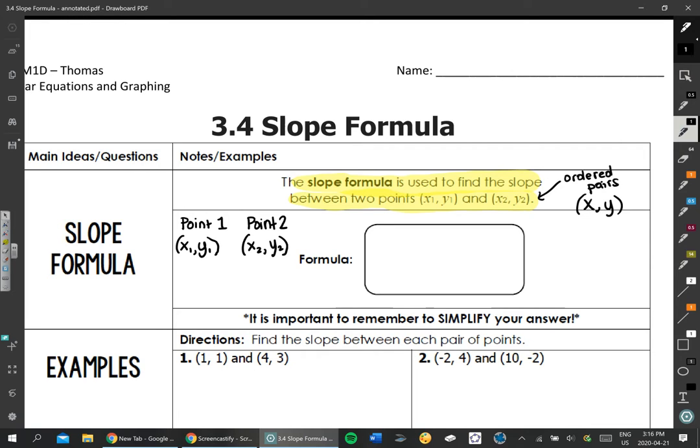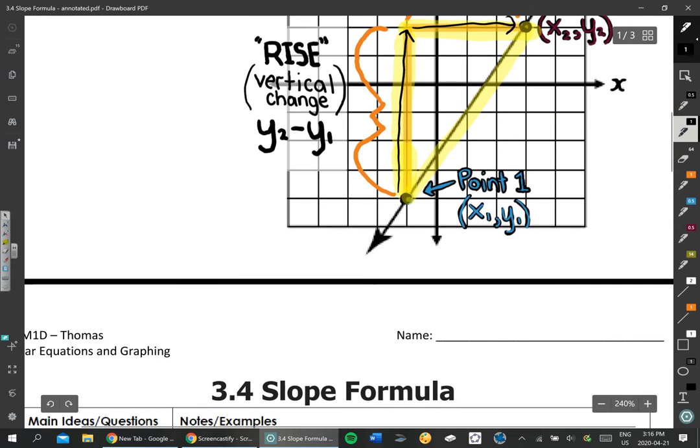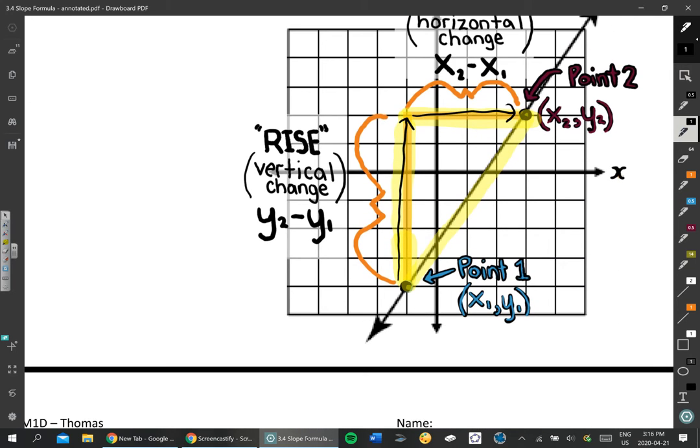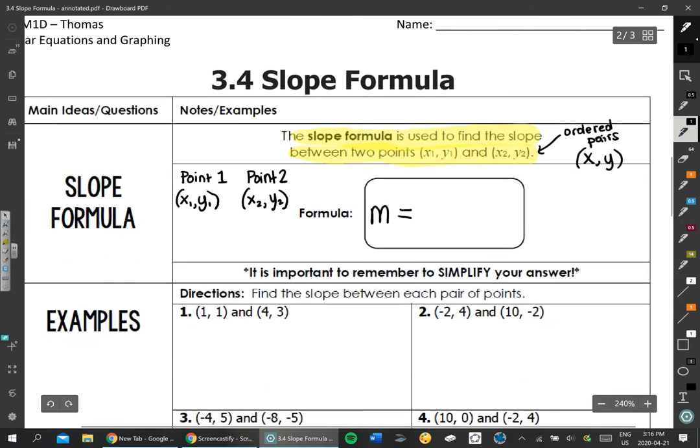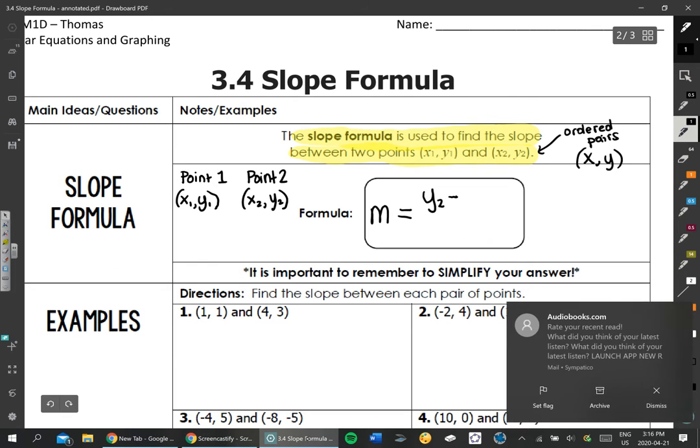Okay, so the slope formula is going to be m is equal to, now remember, it's rise over run. So if we look at rise, rise is simply the difference between our y values, right? It's the difference between our y values. So rise can be represented by doing y2 minus y1.